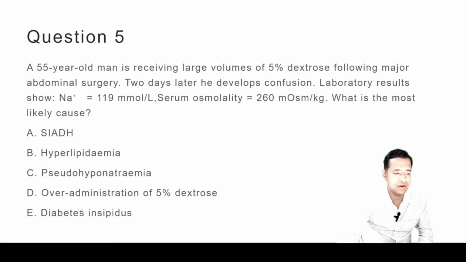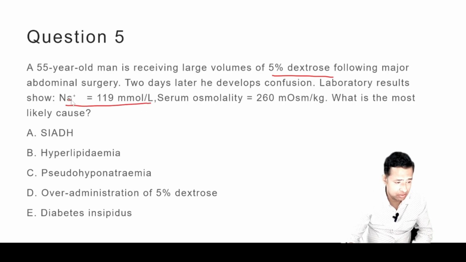Next, question 5: a 55-year-old man receiving a large volume of 5% dextrose following major abdominal surgery. Two days later, he develops confusion, and lab results show sodium is 119 and serum osmolality again 260.